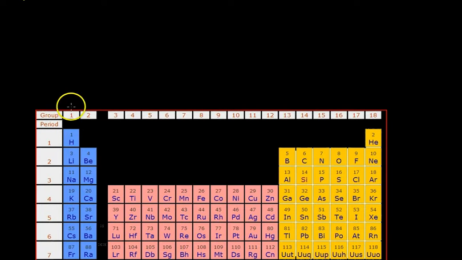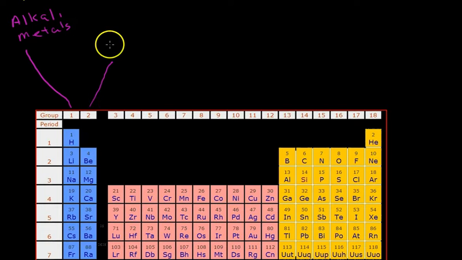All right, so this group number 1, this is called the alkali metals. Group 2, these are the alkaline earth metals.